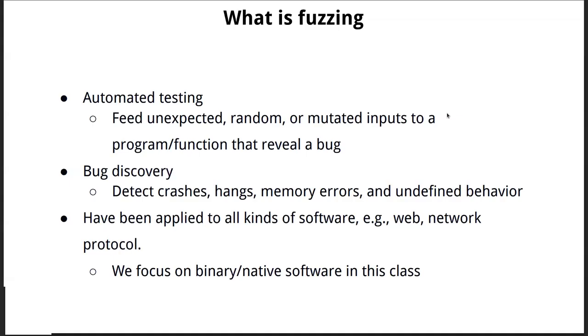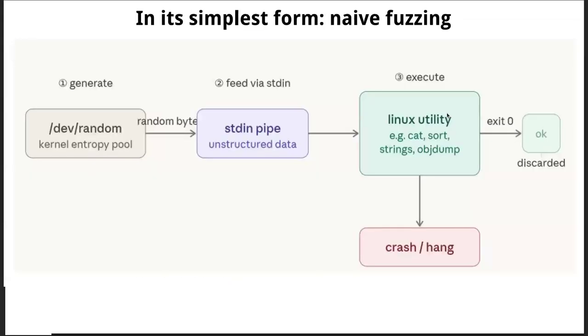Obviously, in this class we focus on binary software. There are many different fuzzing approaches, but the basic idea is that some kind of random data is fed into the program to make it manifest a bug or malfunction. In its simplest form, I call this a naive fuzzing approach.